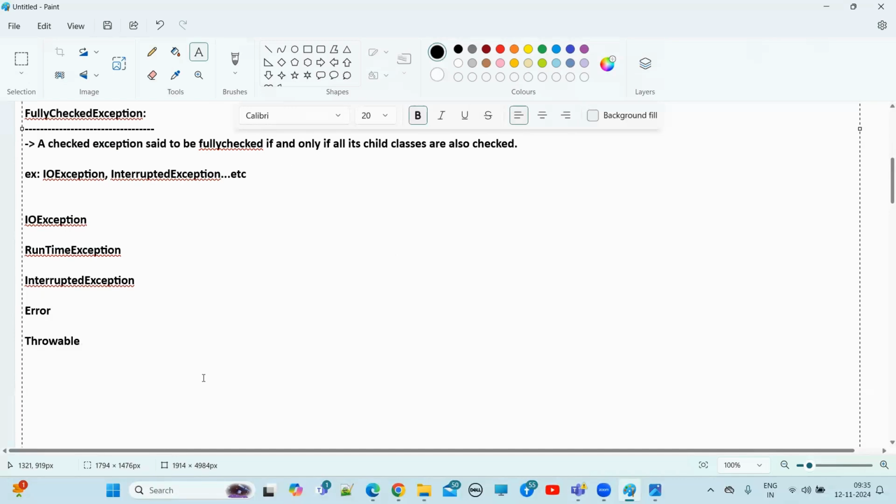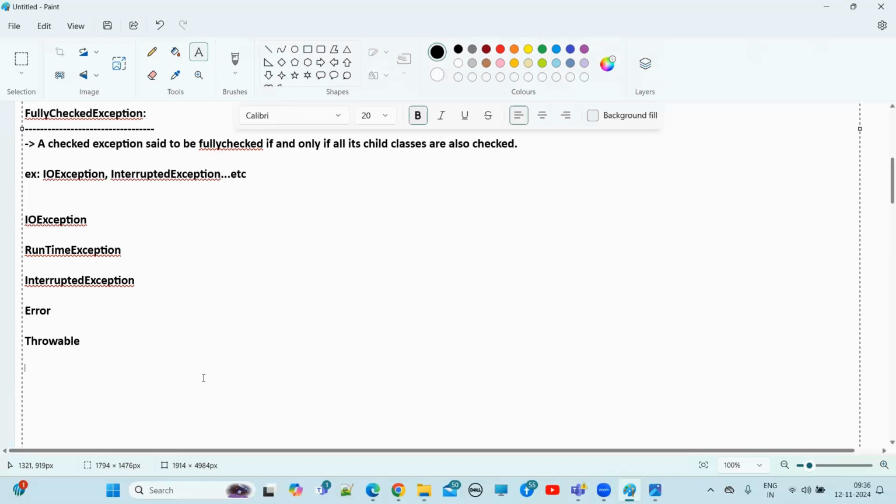Partially checked exception. Arithmetic exception. Now tell me, does ArithmeticException come under checked exception or unchecked exception? Unchecked exception. NullPointerException. Unchecked exception.